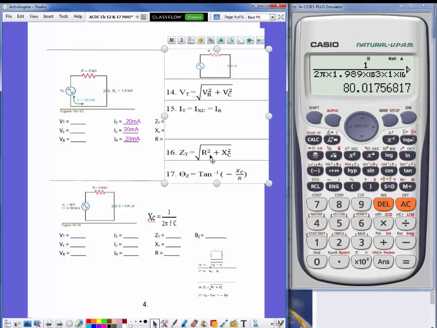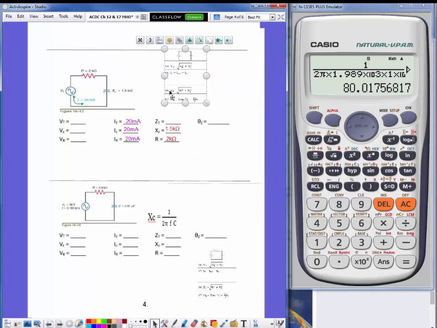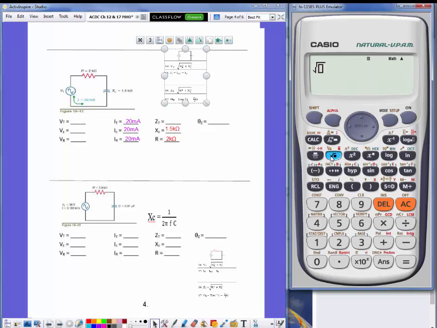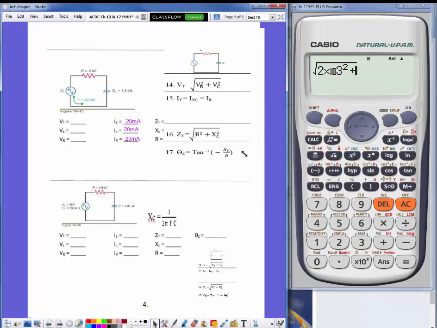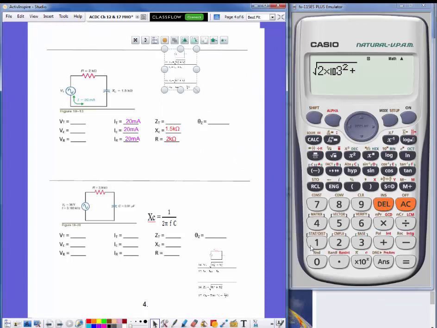When you have resistance and capacitive reactance combined, it is called impedance. Impedance is a type of resistance to current flow, which is the combination of resistance and reactance. So total impedance is going to equal the square root, I'm hitting square root on the calculator, of R squared, which is 2 k ohms squared, plus capacitive reactance squared, 1.5 times 10 to the third squared.